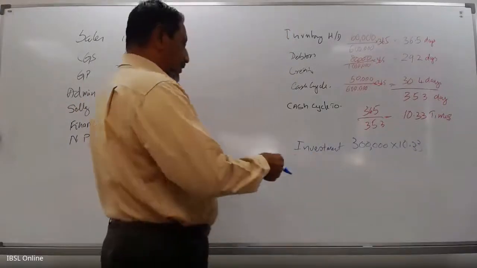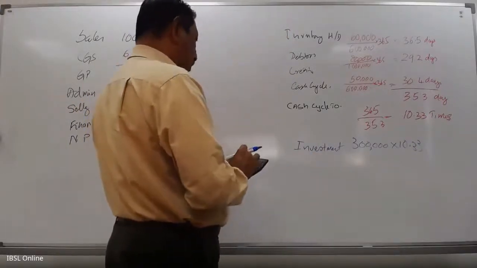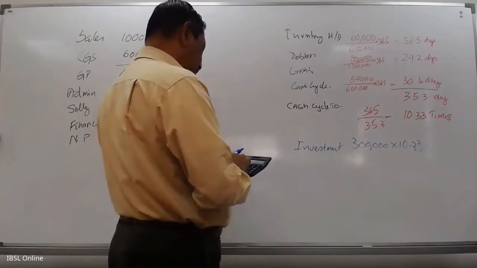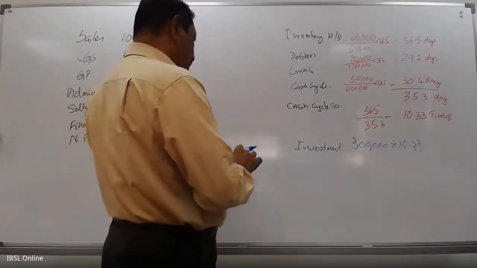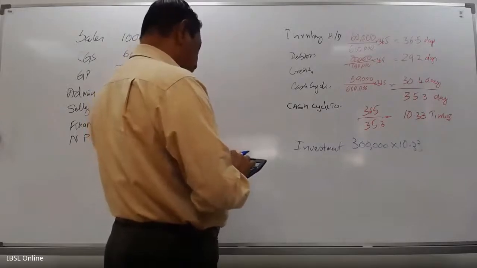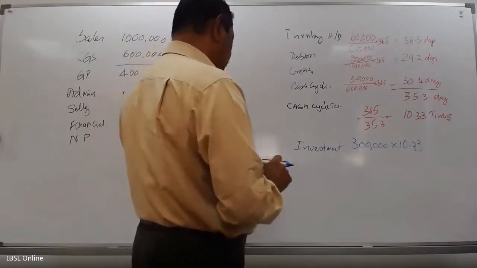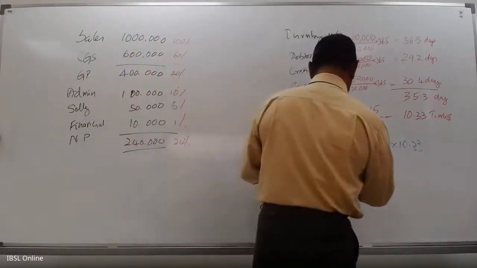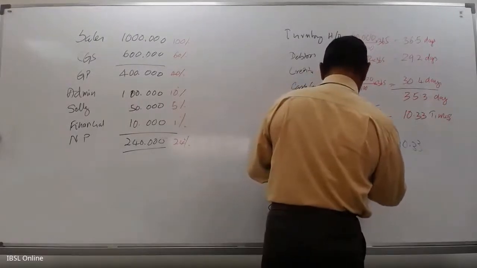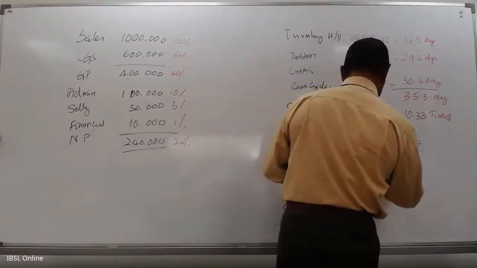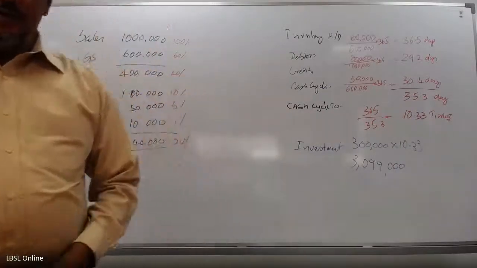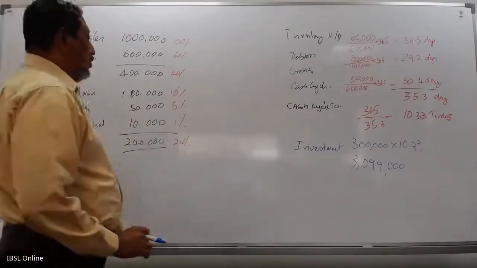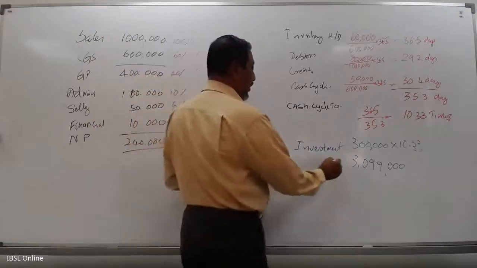That means when I include 2.23 million, and his cost of goods sold will be, right?